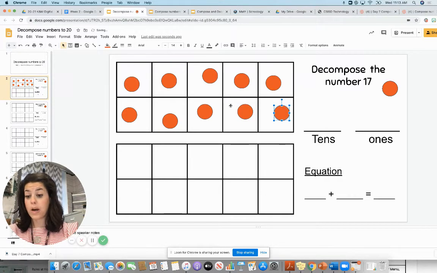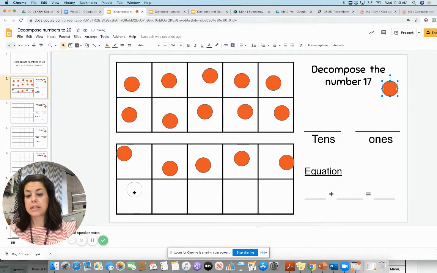So we could have 1 ten, and then we could have how many ones? 7. 1, 2, 3, 4, 5, 6, 7.